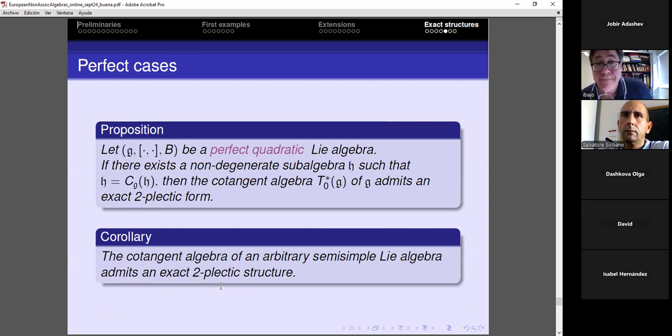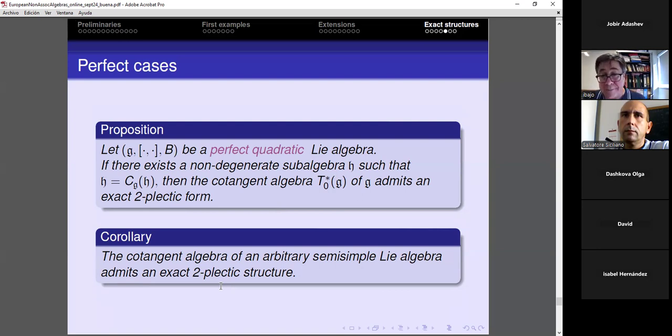Now, some more perfect cases. Can we generalize that to other non-semi-simple cases? And the answer is, actually, yes. For instance, if we take a perfect quadratic Lie algebra G and we have a subalgebra H, which is its own centralizer, then the cotangent algebra, this means the T star extension by 0 of the Lie algebra G, also admits a two-plectic form.